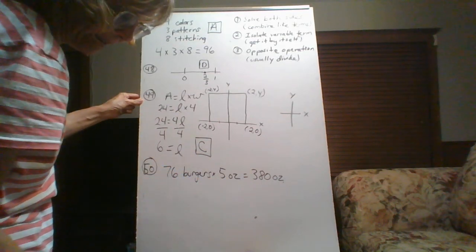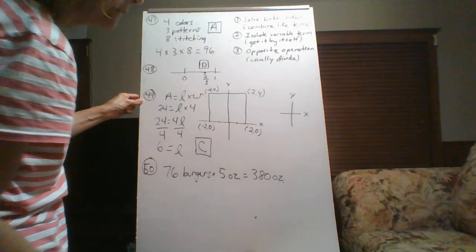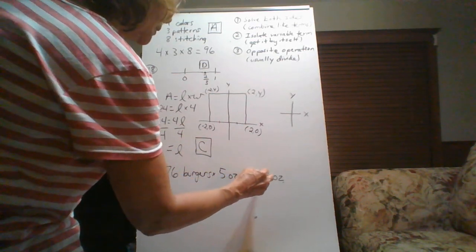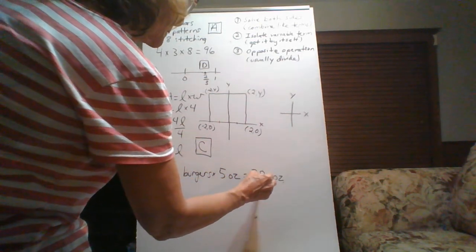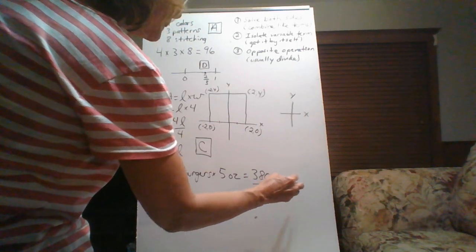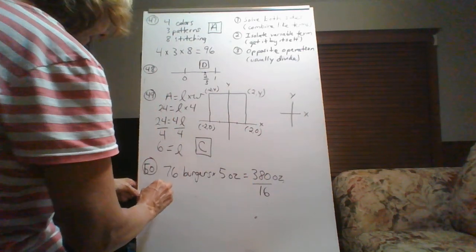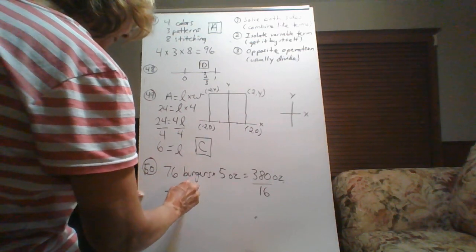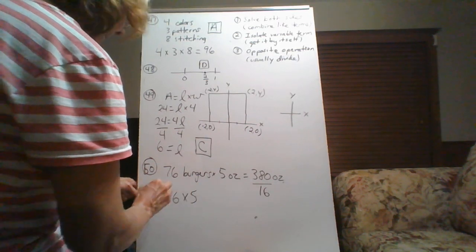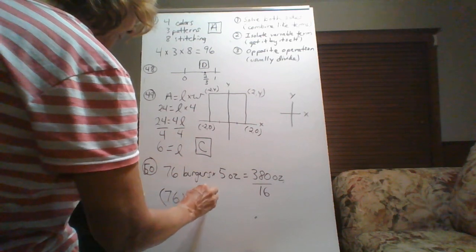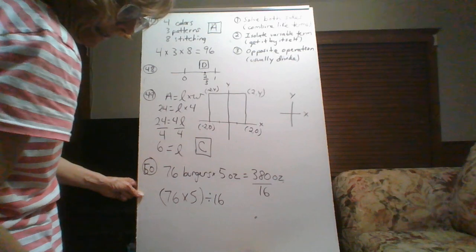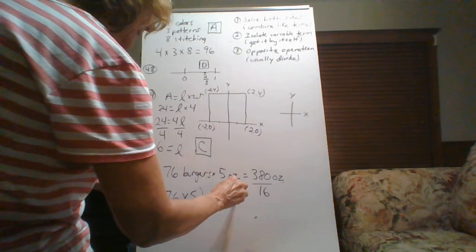What they ended up saying is how many pounds of beef? How many ounces are in a pound? 16. So I'd get 380 ounces, and I'd have to divide that by 16 to get my pounds. So I'm going to do my 76 times 5, right? And then when I get that answer, I'm going to divide by 16 because that is going to get me into pounds. And so the answer is D.